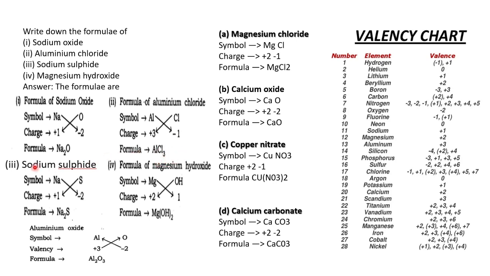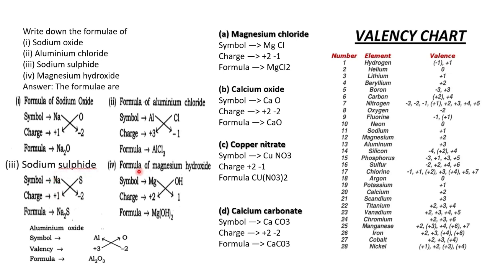Sodium sulfide. Here the symbol of sodium is Na, its valency number is 1, so below that I am writing 1. Sulfur is 2, I am writing 2 below sulfur. By cross multiplication, Na2S1 or Na2S will be the formula of sodium sulfide.